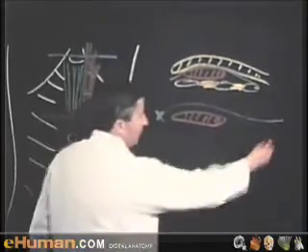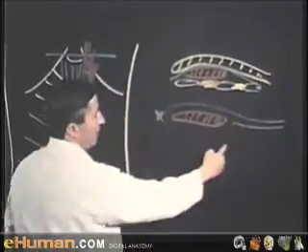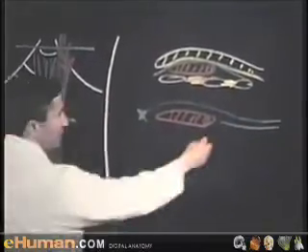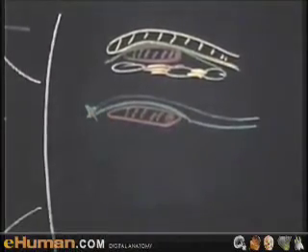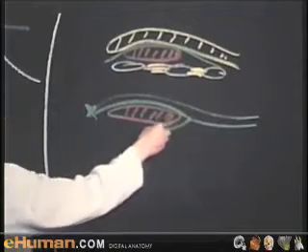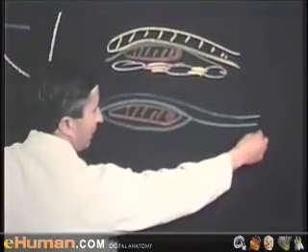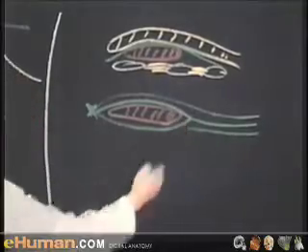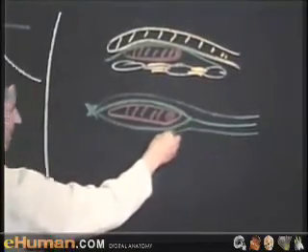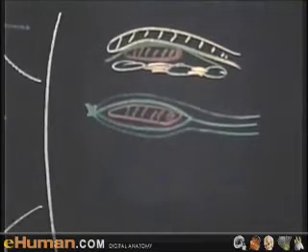Then we take the internal oblique aponeurosis, and when it approaches the lateral margin of the rectus abdominis, it splits. One part passes in front and fuses with the linea alba, and the other part passes behind and fuses with the linea alba. And then we take the aponeurosis of the transverse abdominis, and this, on reaching the lateral margin of the rectus abdominis, passes behind the rectus abdominis and fuses with the linea alba.